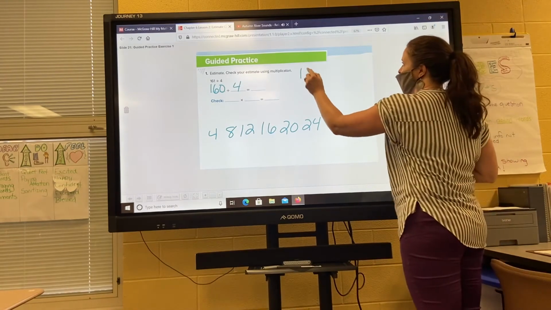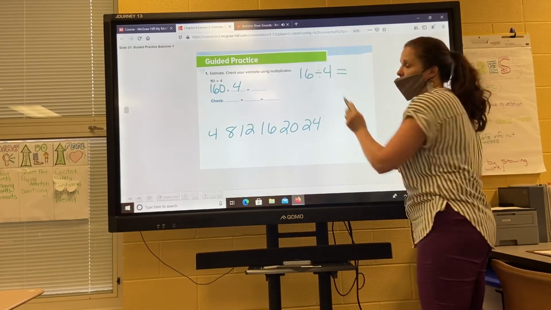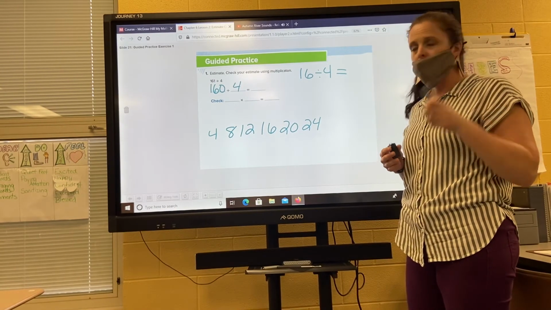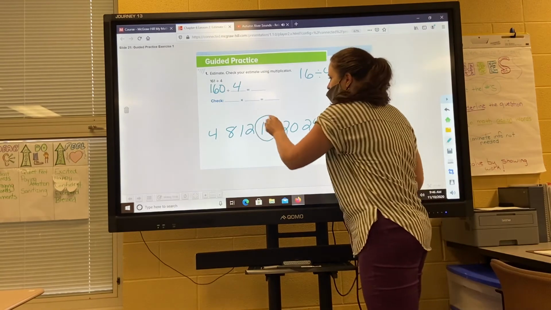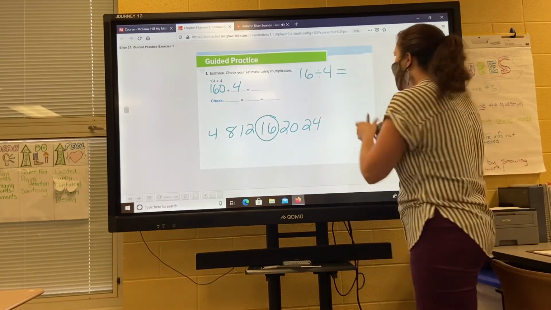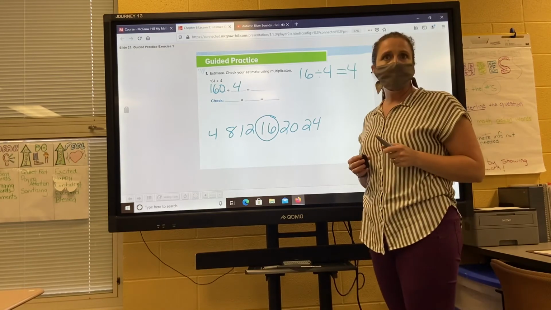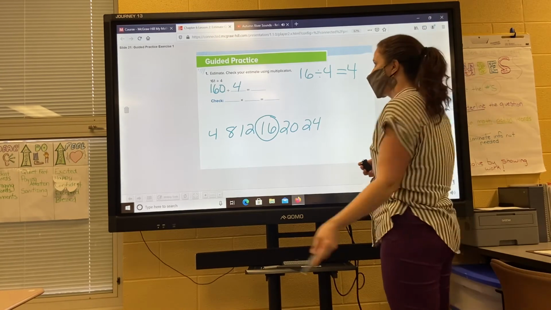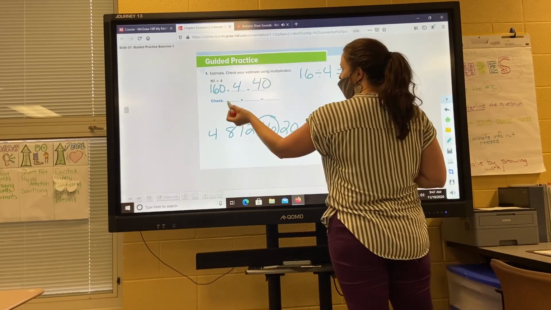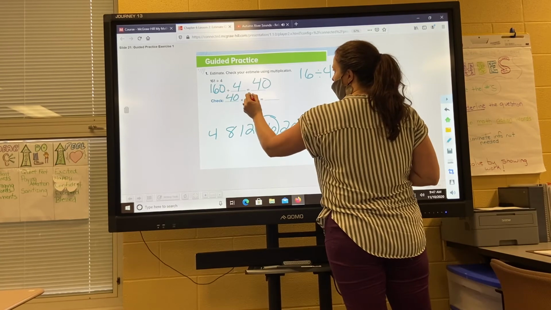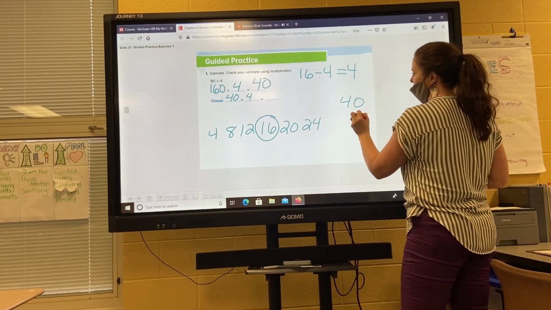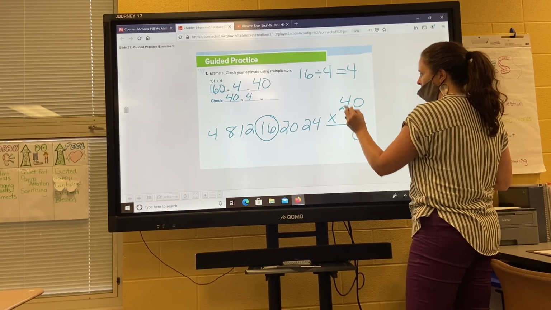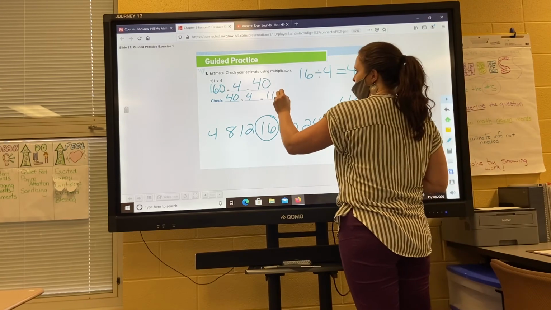What is 16 divided by 4? Come down here and use this. Right here, 16. What's 16 divided by 4? 4. So what's 160 divided by 4? 40. And then we can check and go backwards. 40 times 4. 4 times 0 is 0. And 4 times 4 is 16. So is that right? Yep.